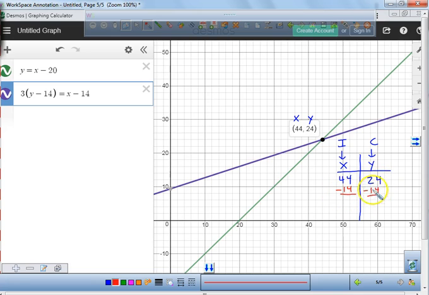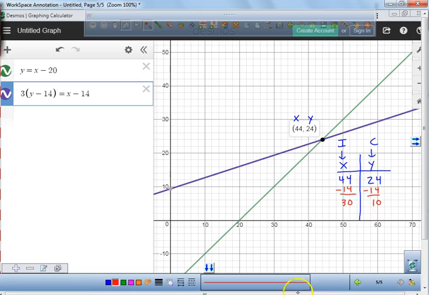If I take away 14 years, he's down to what? 10. If I take away 14 years, what's he down to? 30. Is Ishan 3 times as old as Christopher? He was. He was 14 years ago. He was 3 times older than him.